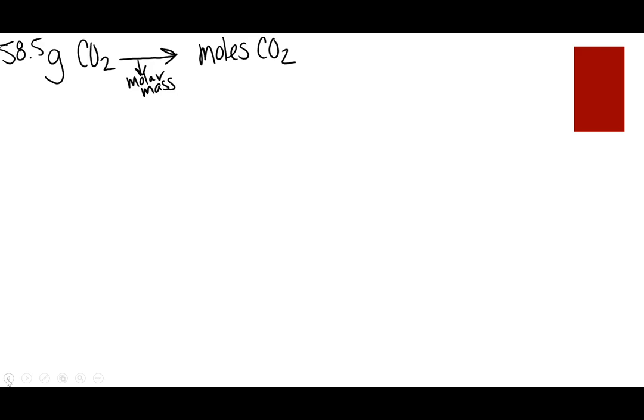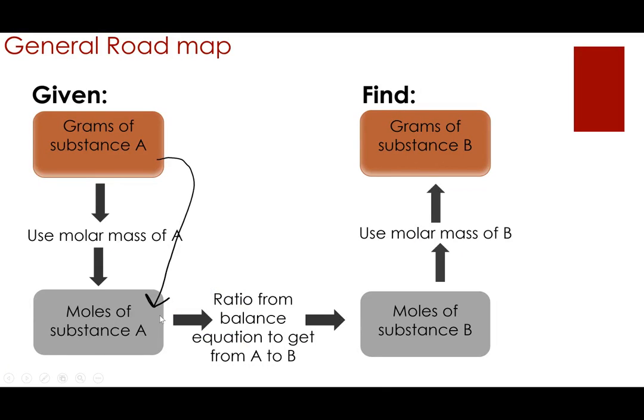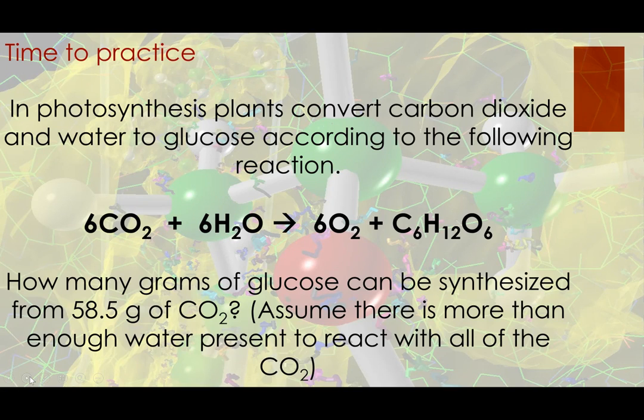Step two, so now we're in moles of carbon dioxide. This is really the only new piece that we're learning right now, which is to go from moles of substance A to moles of substance B. Well, what's substance B in this problem? Substance B is whatever it's asking for.